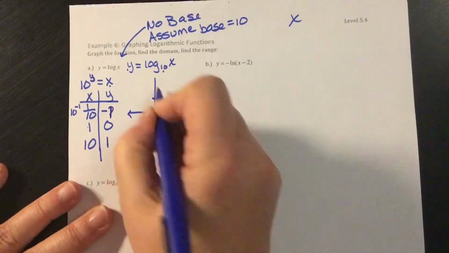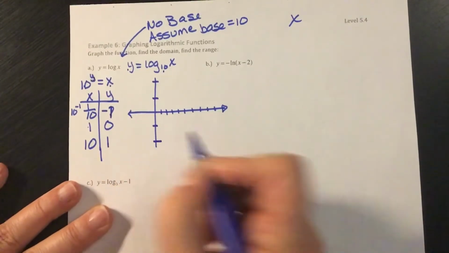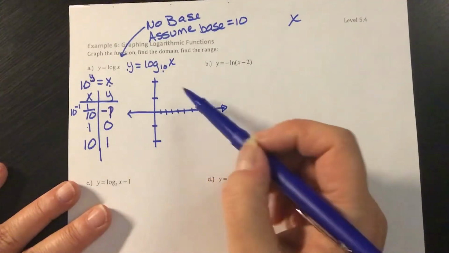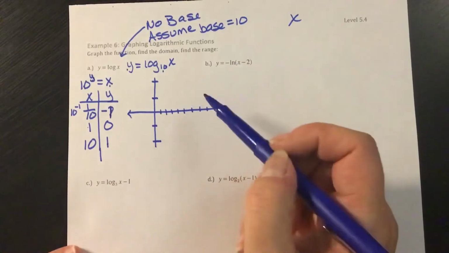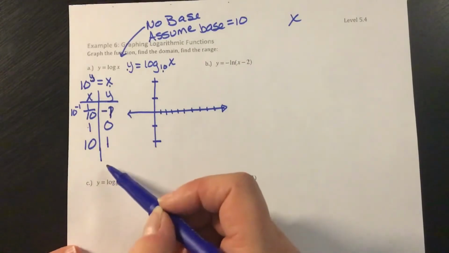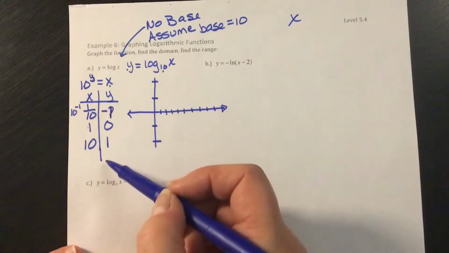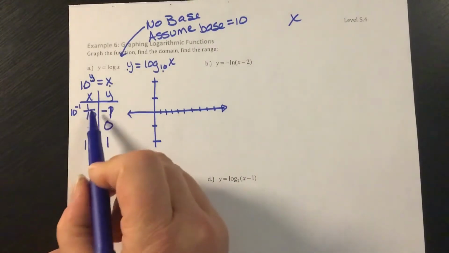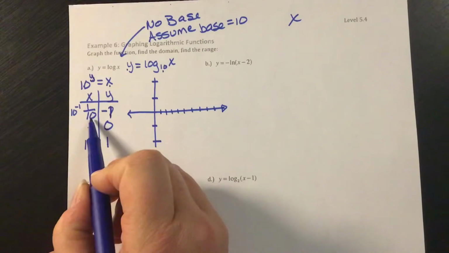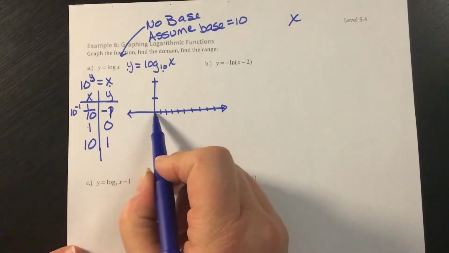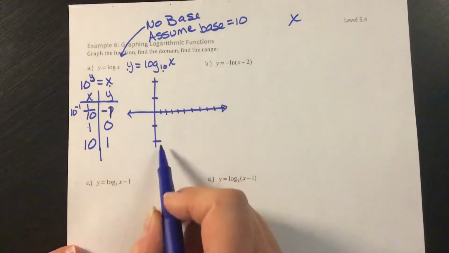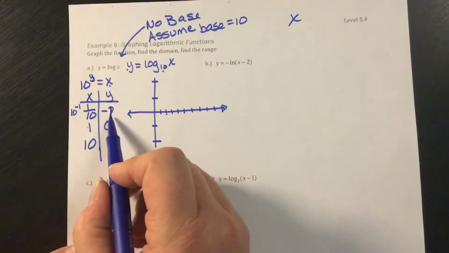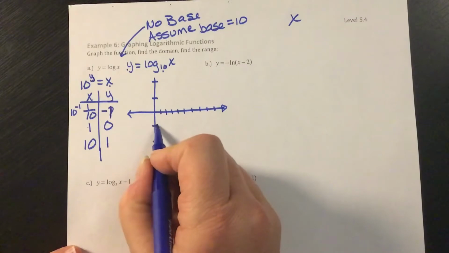If I need more points to determine what the direction of this is going to be, I can always choose -2 and +2 to put in there for y. So let's plot this point. My x value is 1/10, so that's very close to my y-axis, and my y value is -1, so that's about right here.